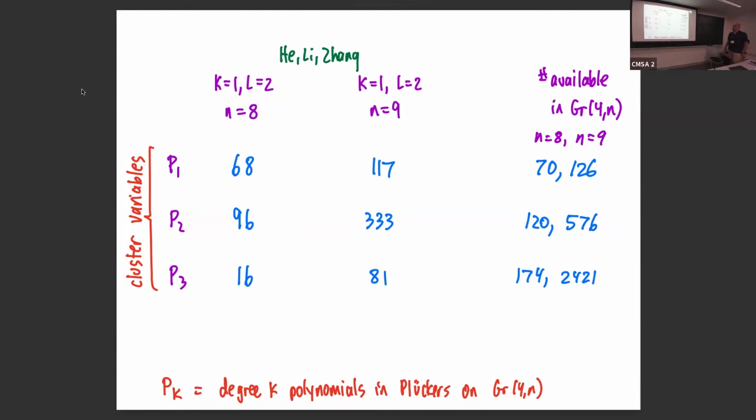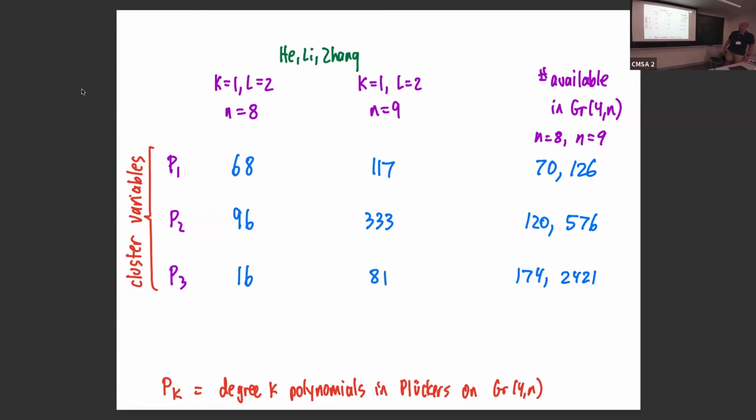Anastasia also referred to these. They found 68 or 117 Plücker coordinates, 96 or 333 quadratic cluster variables, and 16 or 81 cubic cluster variables. And here, just for reference, I list the total number of cluster variables of this type, whether Plücker, quadratic, or cubic, for the Gr(4,8) and Gr(4,9) cluster algebras.